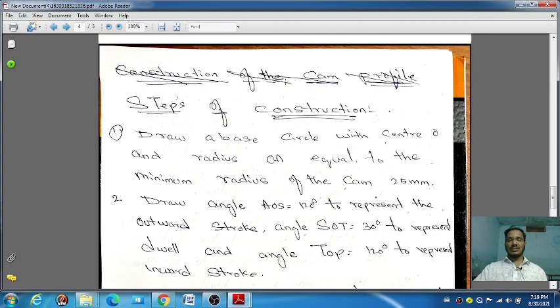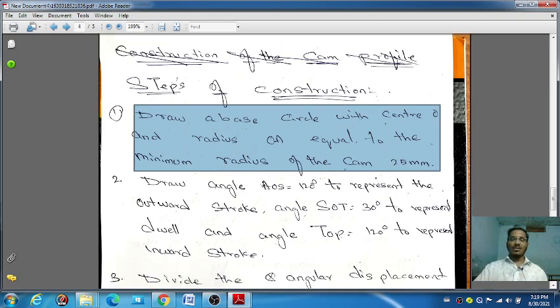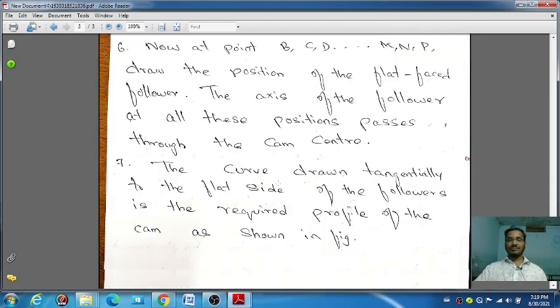You can read and understand these steps, because I already explained in the last class the steps of construction when the axis of the follower is on the same axis as the cam. The steps of construction of these problems are the same, but the alphabets and numbers are different. Okay, you can easily understand this.